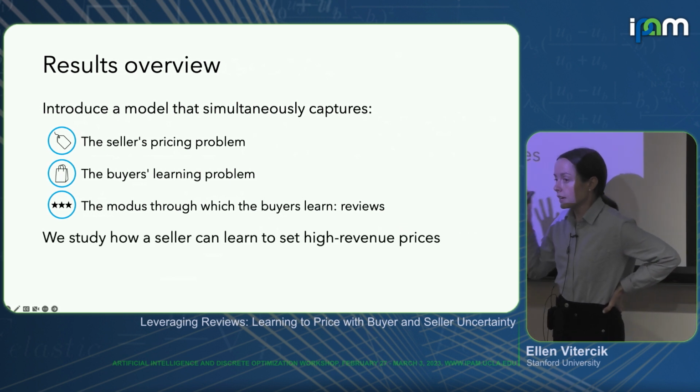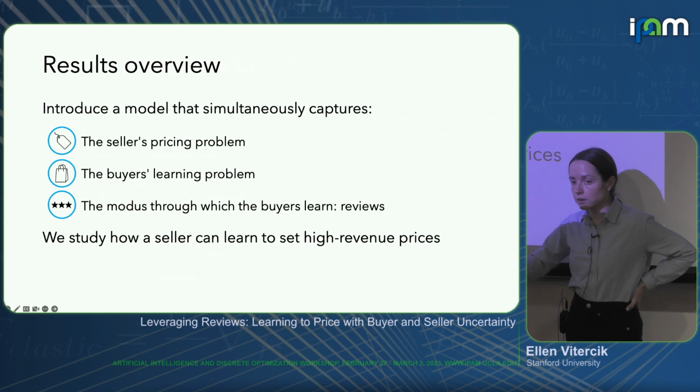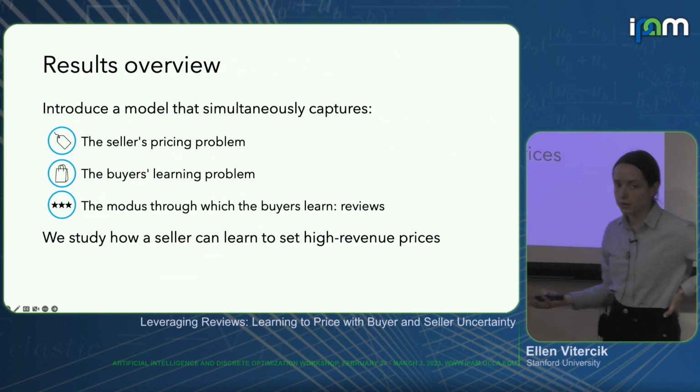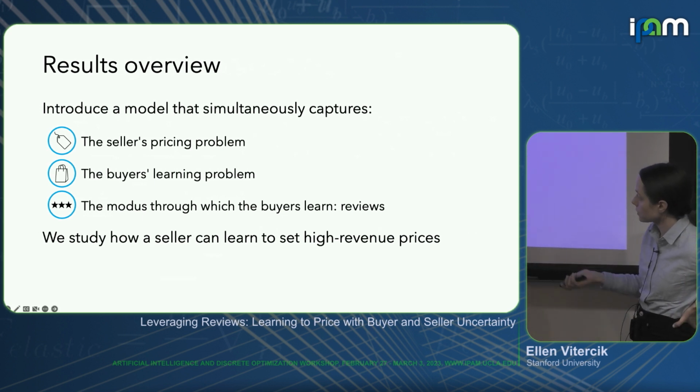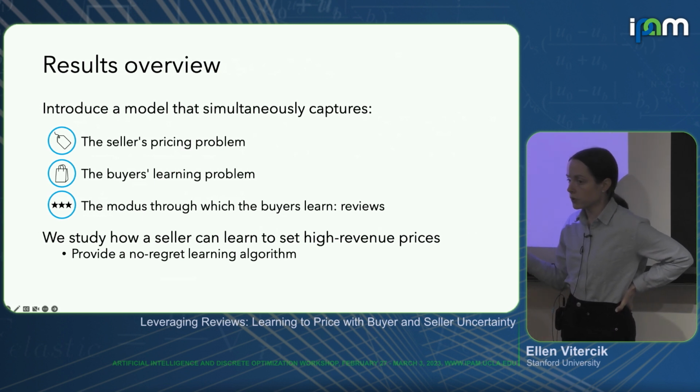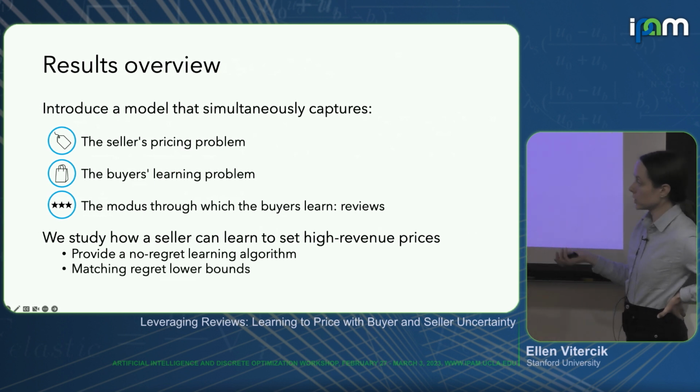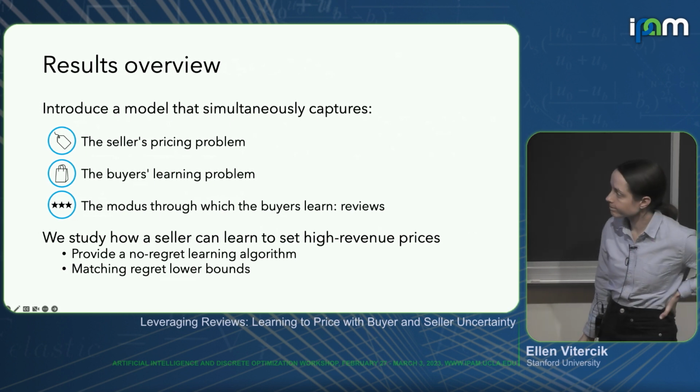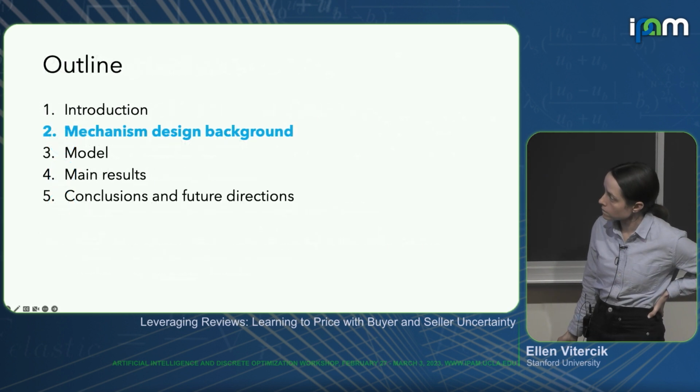And so overall, we study how the seller can set high revenue prices, so how they can optimize their prices according to revenue. We provide a no-regret learning algorithm for this problem, as well as matching regret lower bounds.